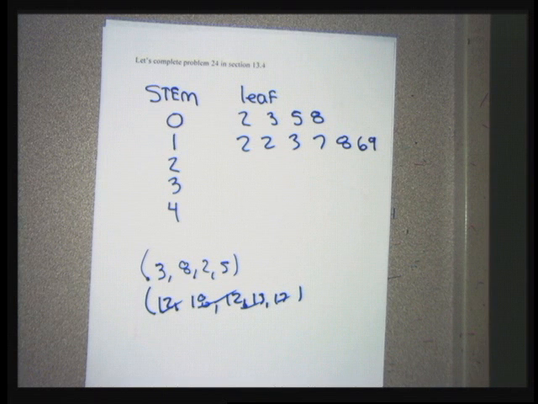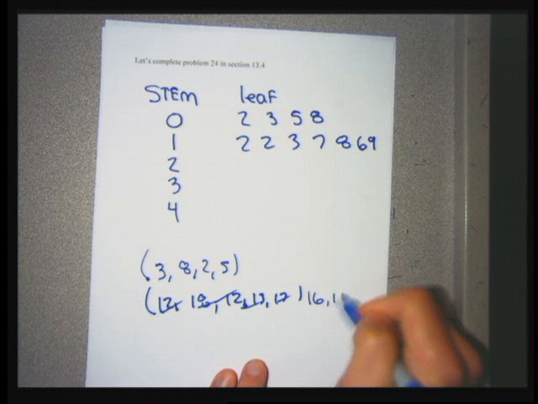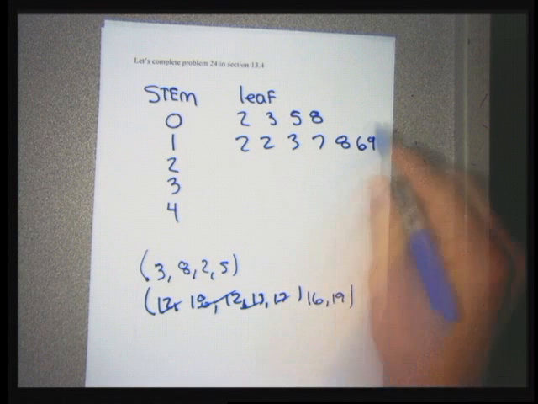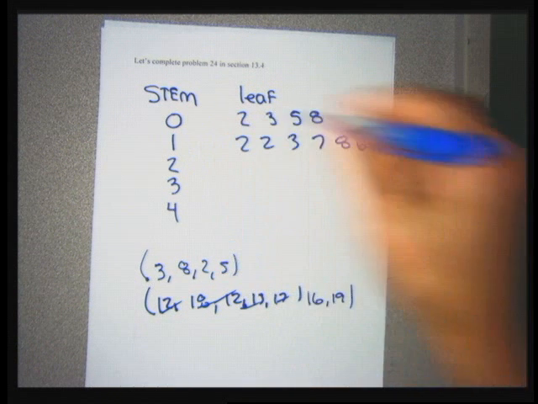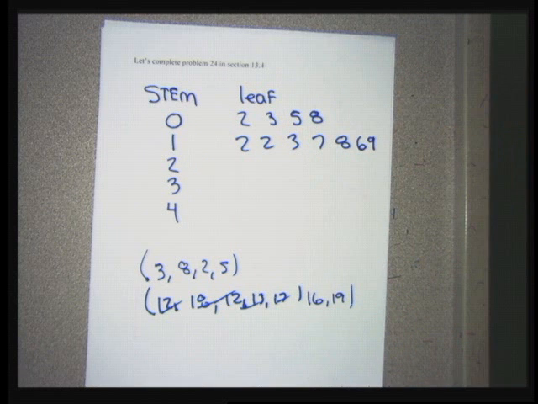It's not wrong. Usually I'd make my leaves go in ascending order, but because I forgot some data, I missed a 16 and a 19, and that made my answer kind of wrong. So I fixed it badly, but I fixed it. It might be nice if I erased it and did 2, 2, 3, 6, 7, 8, 9, but it's not wrong to have your leaves in non-ascending order, so I'm going to leave it like that.